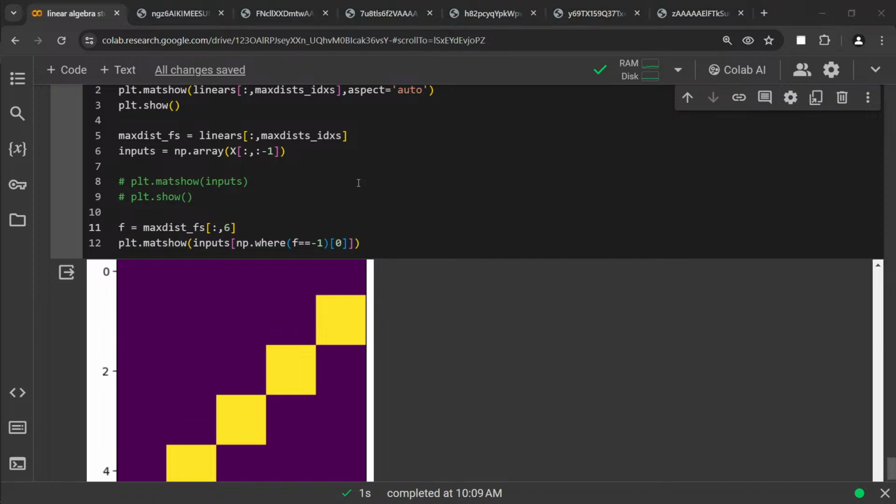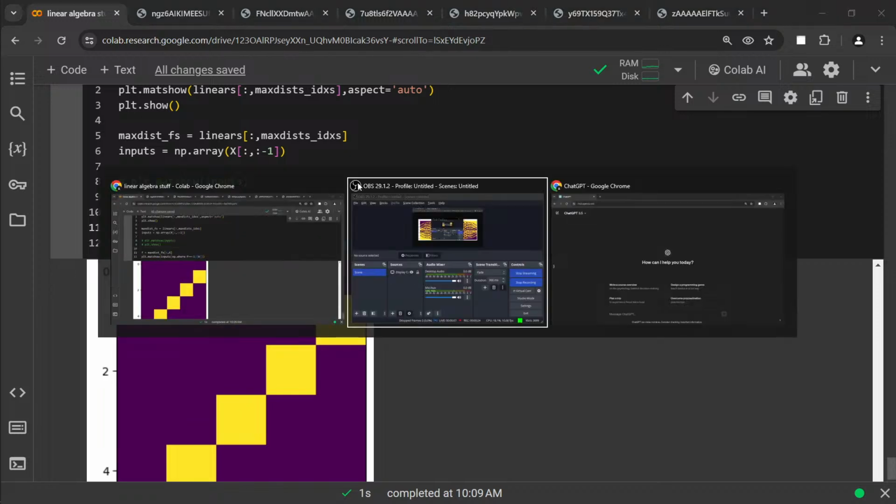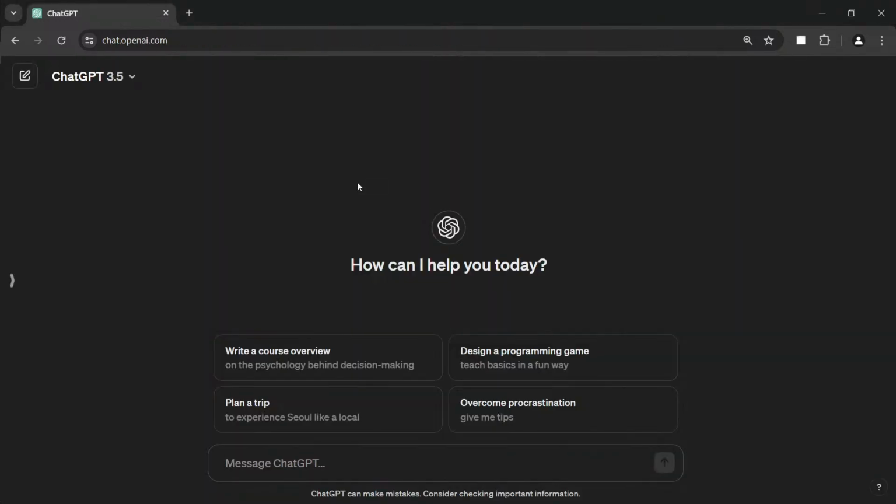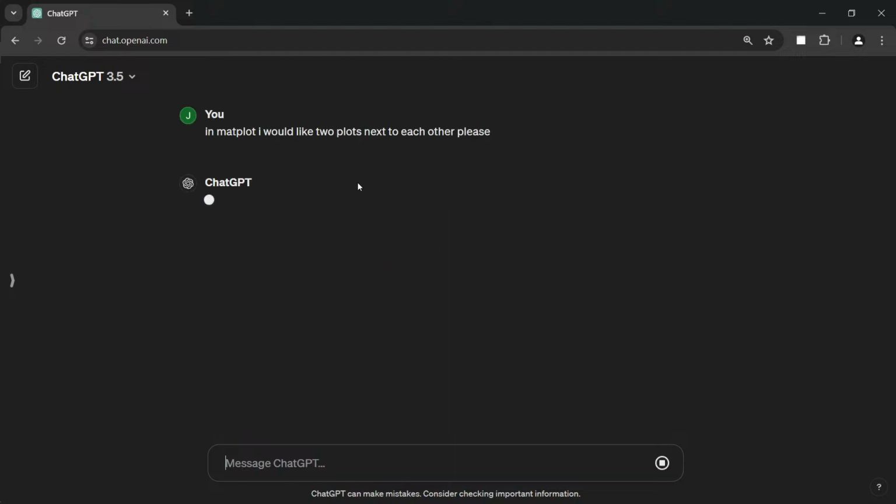So I forgot how to do subplots. So yeah. Okay, and not plot. I would like 2 plots next to each other, please. You always have to be polite with AI.